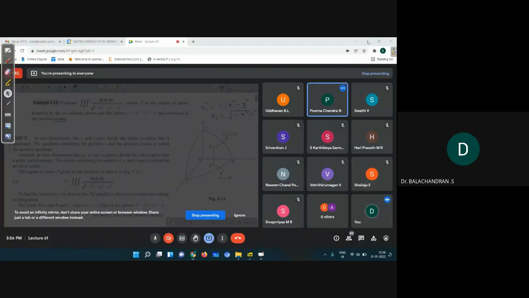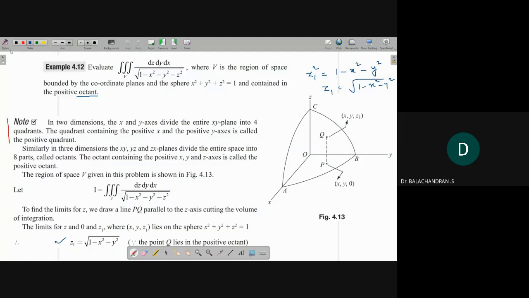Yeah, 0 to 1 is correct. So if you project the sphere, you will get only this portion.